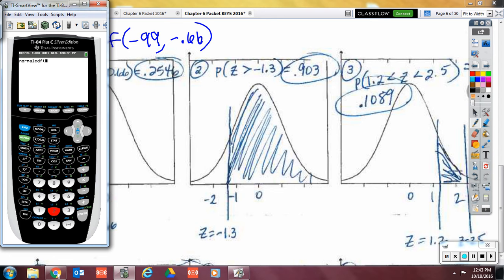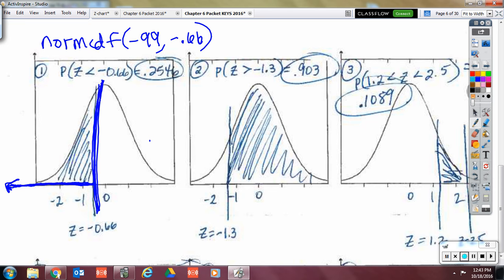Now, if you have a menu, your menu comes up and it says, what is your lower bound? Well, what did we say our lower bound was? Negative 99 is the lower bound. If you don't have a menu, you type in the number and you put a comma. Then, if you have a menu, it says upper bound. Our upper bound was this value here at negative 0.66.